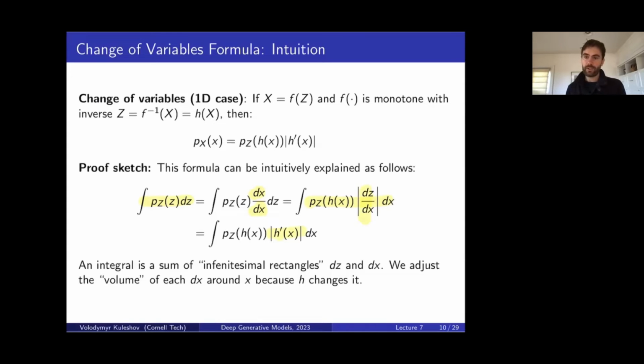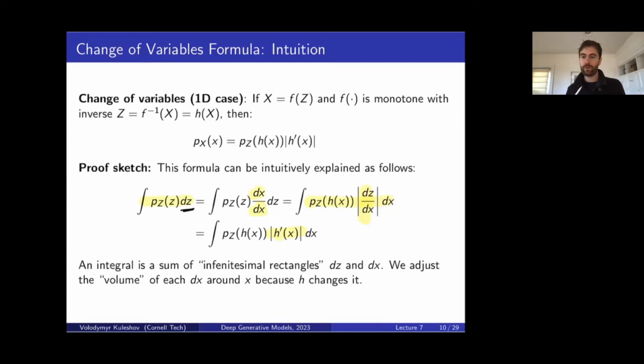And what's happening here is that you can think of the integral as being the limit of a sum of infinitesimally small rectangles, dz.